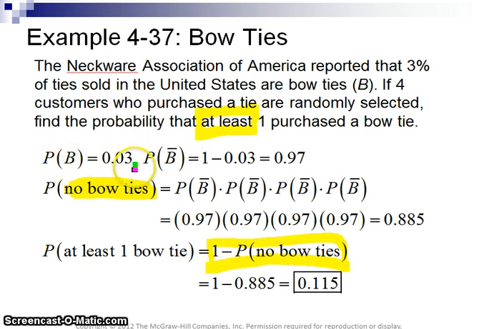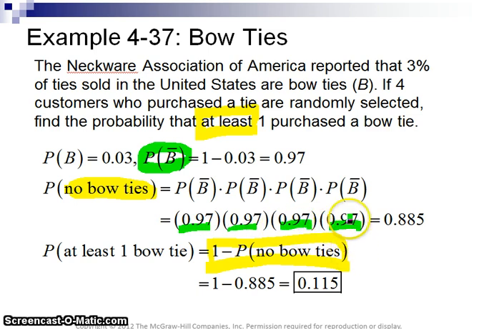We're given the probability that they purchased the bow tie is 3%. So remember what this is right here? B bar, that stands for complement. So the probability that they do not purchase a bow tie is going to be 97%. So for 4 people to not purchase a bow tie is going to be 97% times 97% times 97% times 97%.